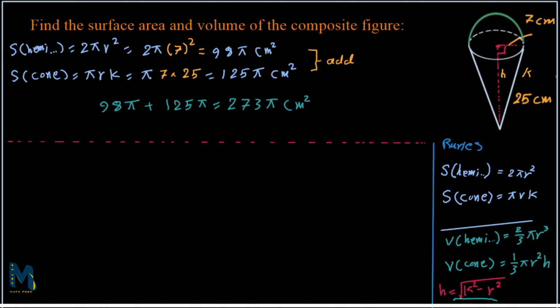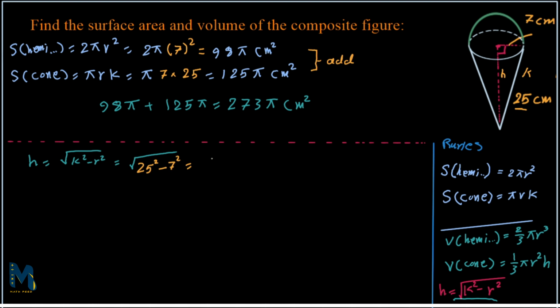So h equals the square root of k square minus r square. For k square we have 25 to the power 2 minus, for radius, 7 to the power 2.